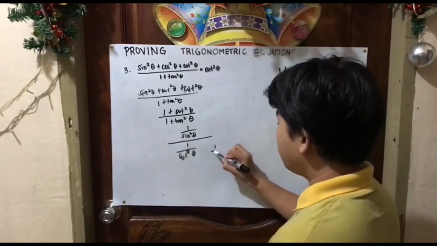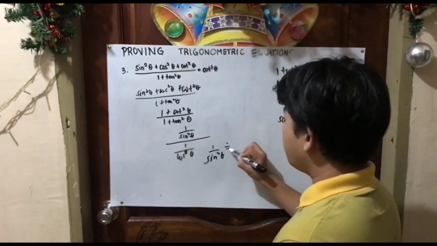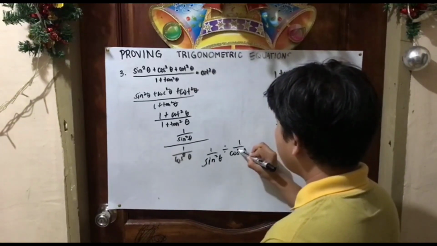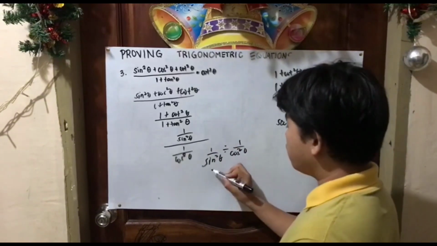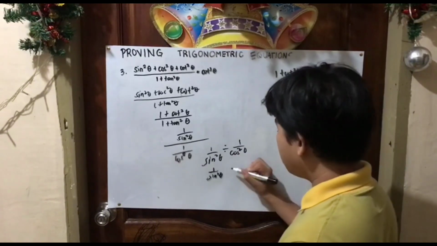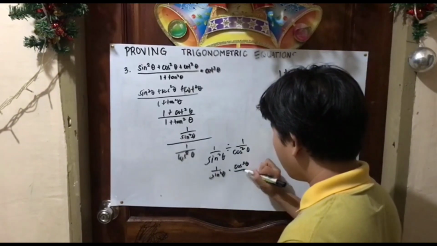From the division form, 1 over sine squared theta divided by 1 over cosine squared theta, we take the reciprocal to have a multiplication. So 1 over sine squared theta times cosine squared theta over 1.